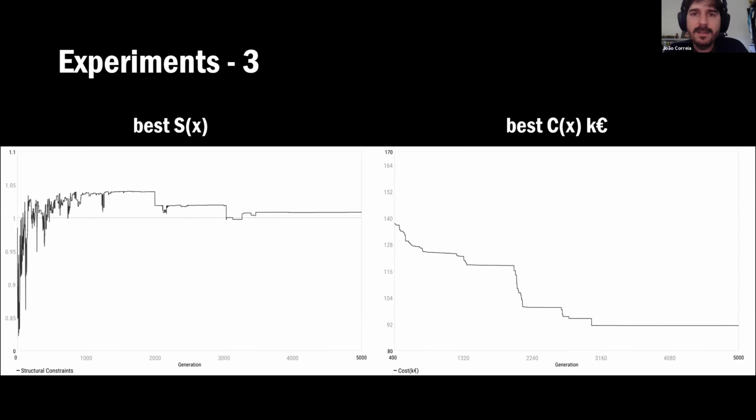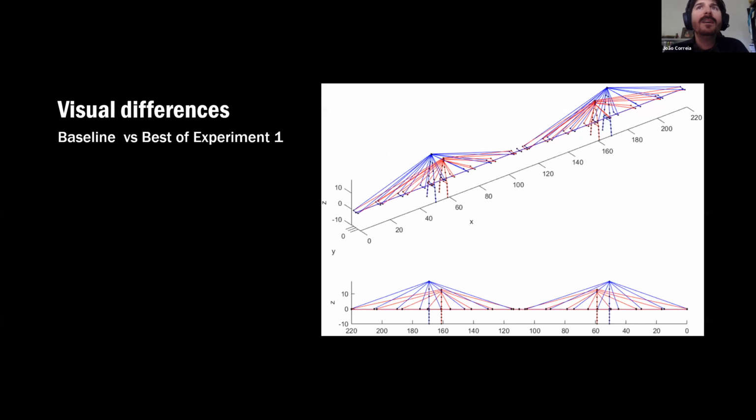Visually speaking, because it's not all about the numbers, what we are seeing here is the baseline, pictured in blue, and the best solution from experiment 1. So this is how the bridge would look in a 2D graphic and minimized version, of course.